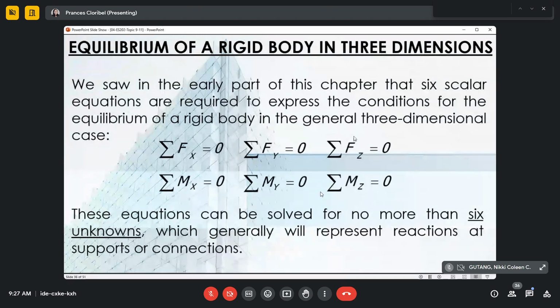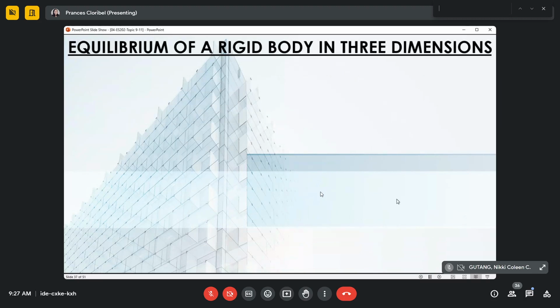But if none of the 6 equations can be combined, then we have to solve the equations manually. So if there are 6 unknowns, we also have 6 values to solve for.